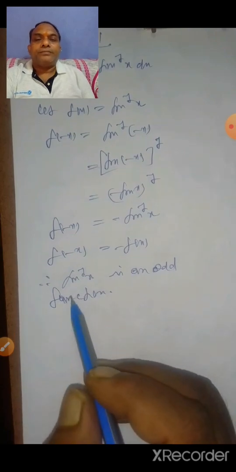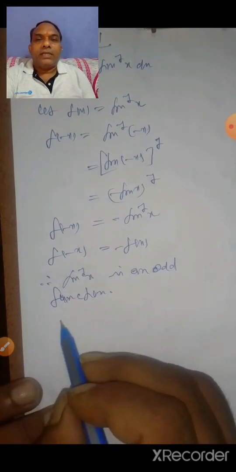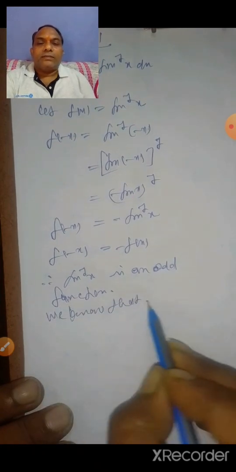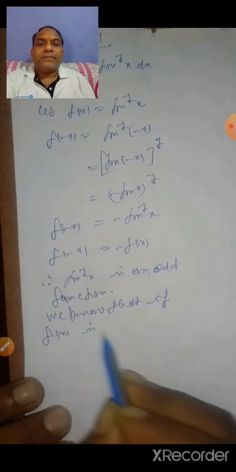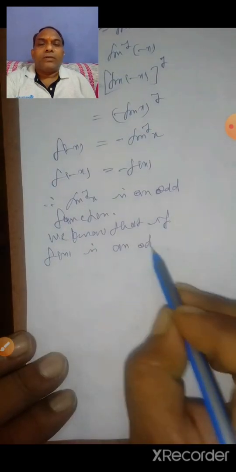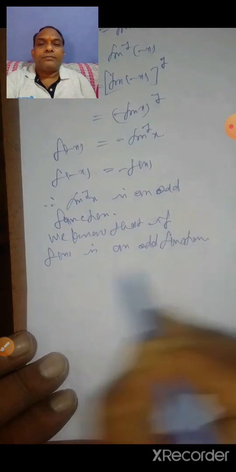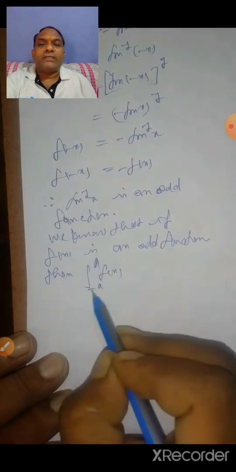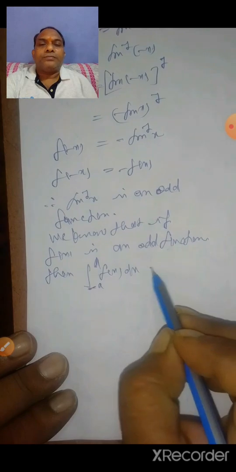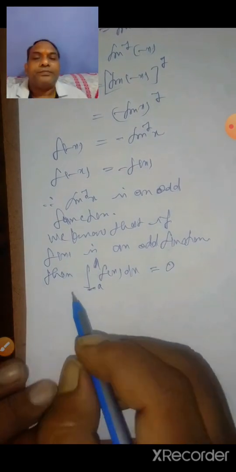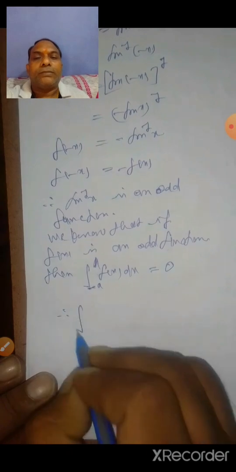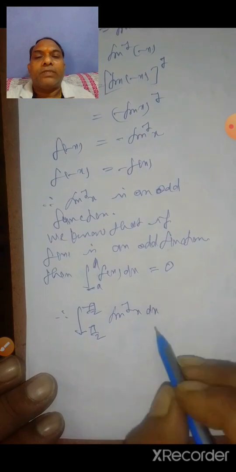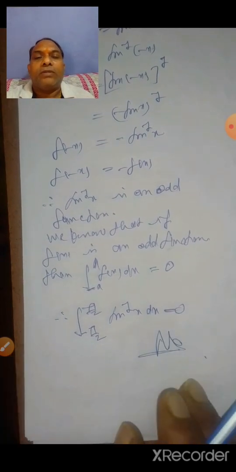Therefore, we know that if f(x) is an odd function, then integration minus a to a f(x) dx will be equal to 0. Therefore integration minus pi by 2 to pi by 2 sin to the power 7 x dx is equal to 0 is the answer.